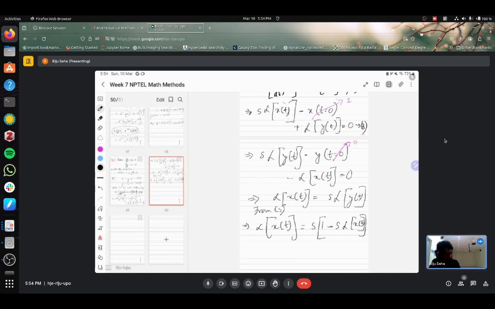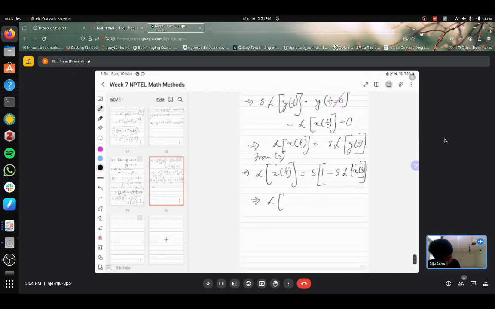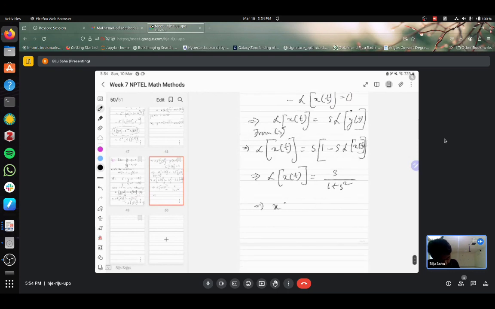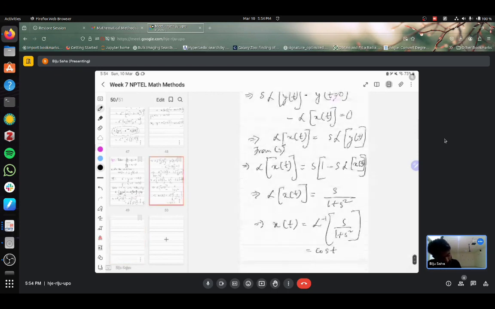So the Laplace transform of x(t) would be s by 1 plus s square, so x(t) is the Laplace inverse of s by 1 plus s square, which is equal to cos t.